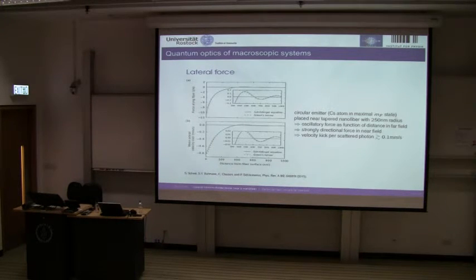That's a much more sensible value, and you see that this velocity kick gets up to almost a millimeter per second per emitted photon, and that's something that we believe can be measured at some point, and this is why we actually do the calculation.